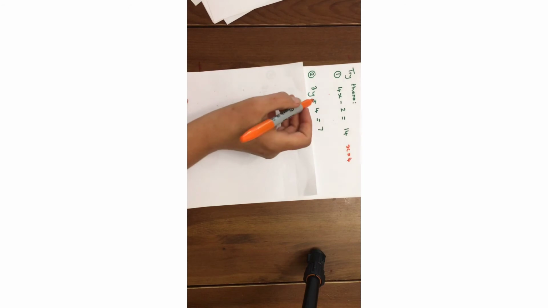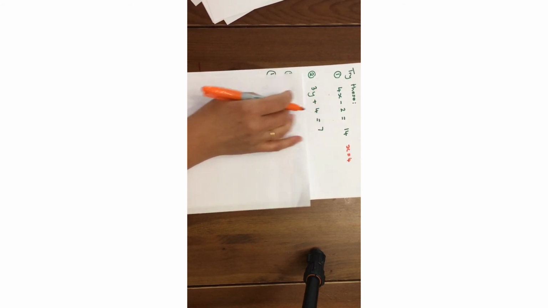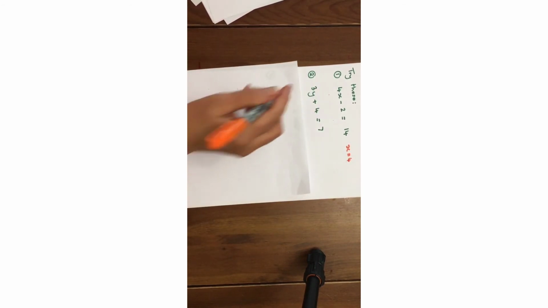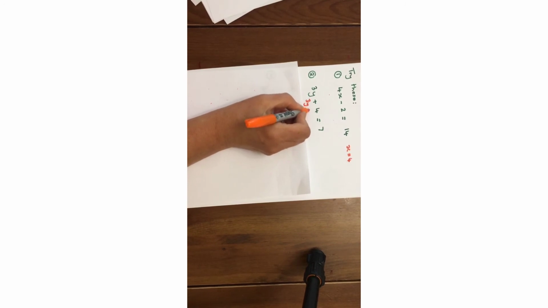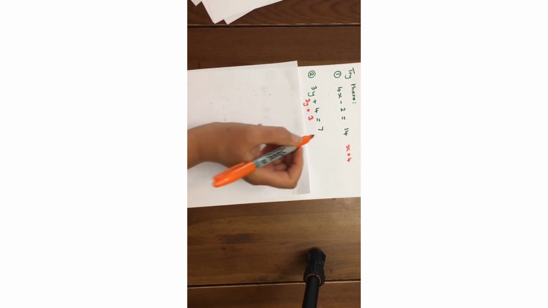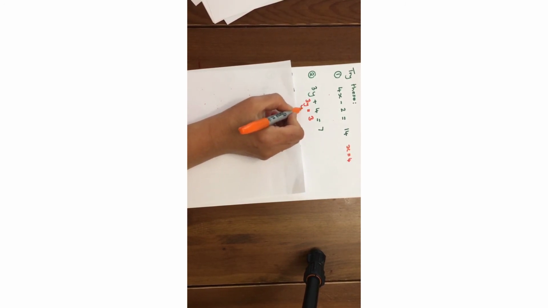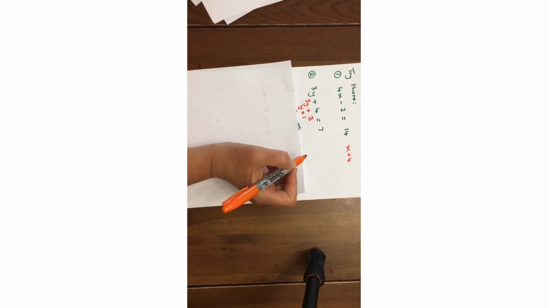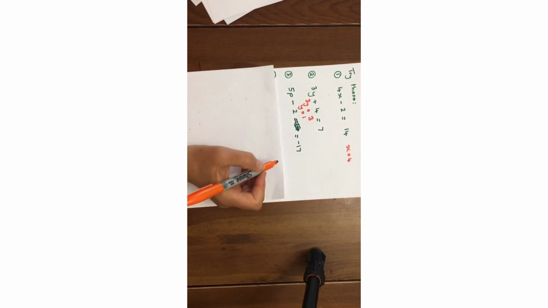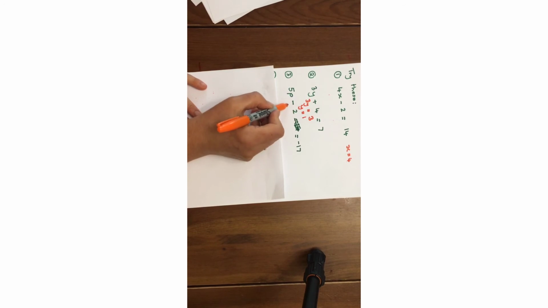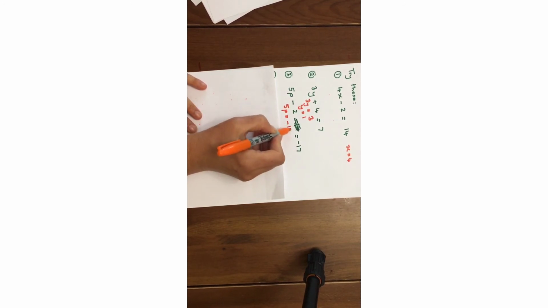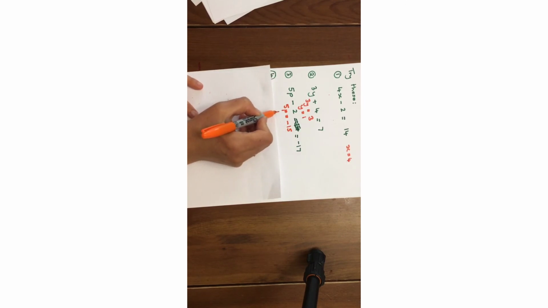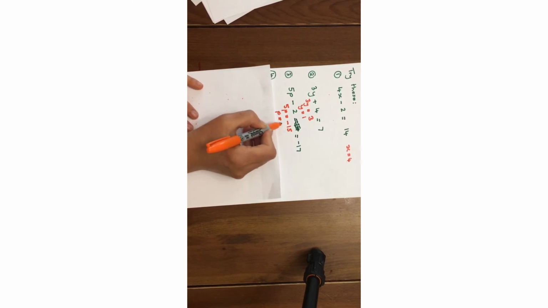Okay, this one. I'm going to, first of all, take away 4 from both sides of the equation. And then I'm going to divide both sides by 3. Okay, this one. I'm going to add 2 to both sides of the equation. Minus 17, add 2. And then I'm going to divide by 5.